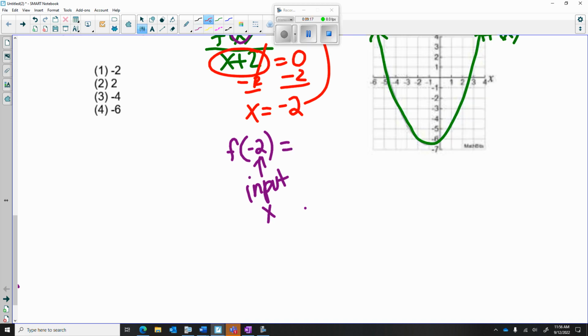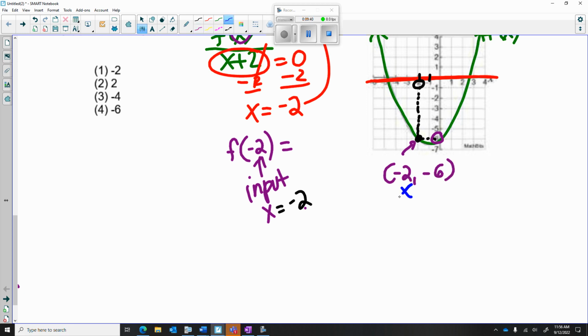And we want to find the output, or the y value. So if you look at this picture, you look on the x-axis, go across to x equals -2. And at x equals -2, go down with your pen or pencil till you hit the graph. And look at the corresponding y value here. The corresponding y value is -6. So this point is (-2, -6).